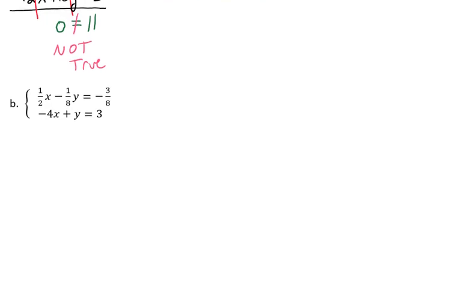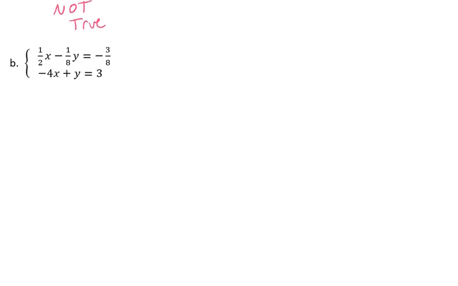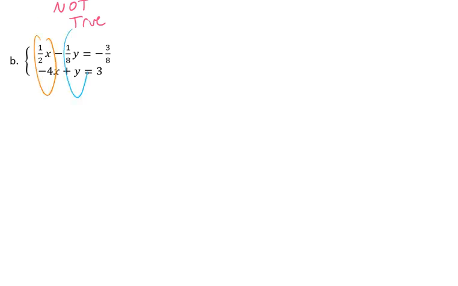All right, so now we have 1/2 x minus 1/8 y equals negative 3/8, and 4x plus y equals 3. Notice that this one's a little bit tougher. Same thing, I'm going to look at the x's and the y's and determine which ones might be easier to get to cancel out. I'm going to choose the x's again this time because they're smaller numbers.